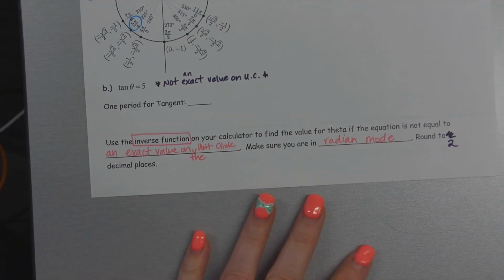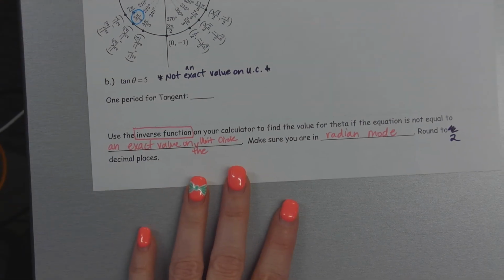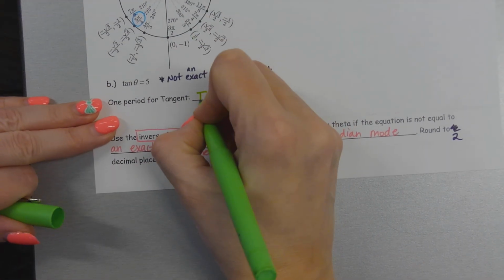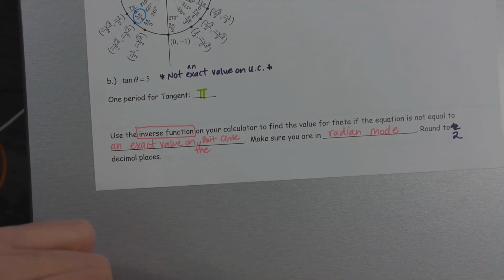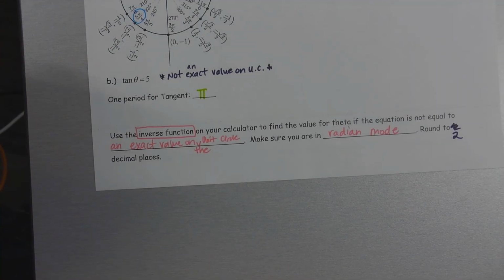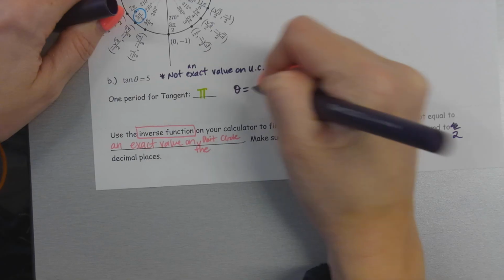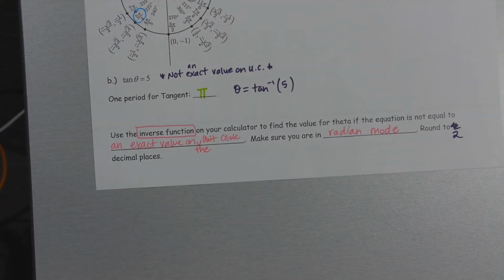And then 1 period for the tangent is going to be pi. And when you are doing these for part B, what I want you to write out is what you are doing on your calculator. So you're going to be doing the tangent inverse of 5. Again, check your mode.